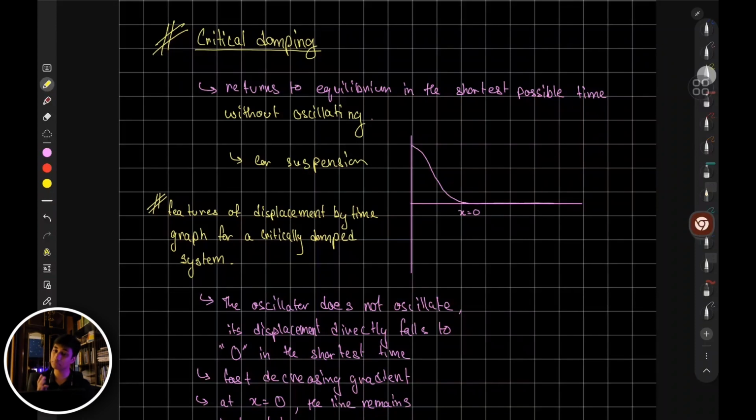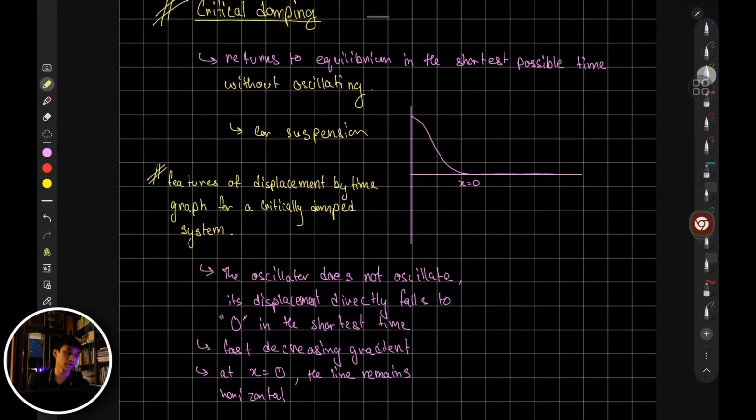For critical damping, it happens in the shortest period of time. One example of critical damping is car suspension. You don't want your car to go bouncy. You want your car to take the hit and absorb the energy and move on.